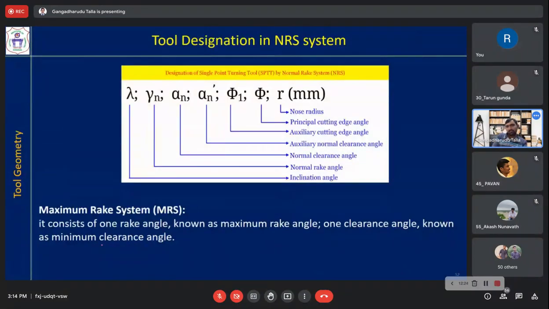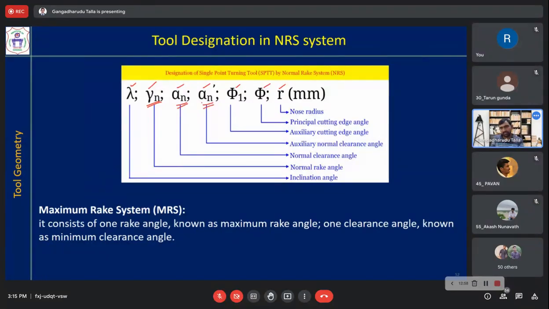So in normal rake system, this is how you will represent the tool signature. Lambda is inclination, gamma n is normal rake angle, alpha n is normal clearance, alpha n prime is the auxiliary normal clearance, phi 1 is auxiliary cutting edge angle, phi is principal cutting edge angle, and r is nose radius. So here only gamma n, alpha n, alpha n prime are the different things.